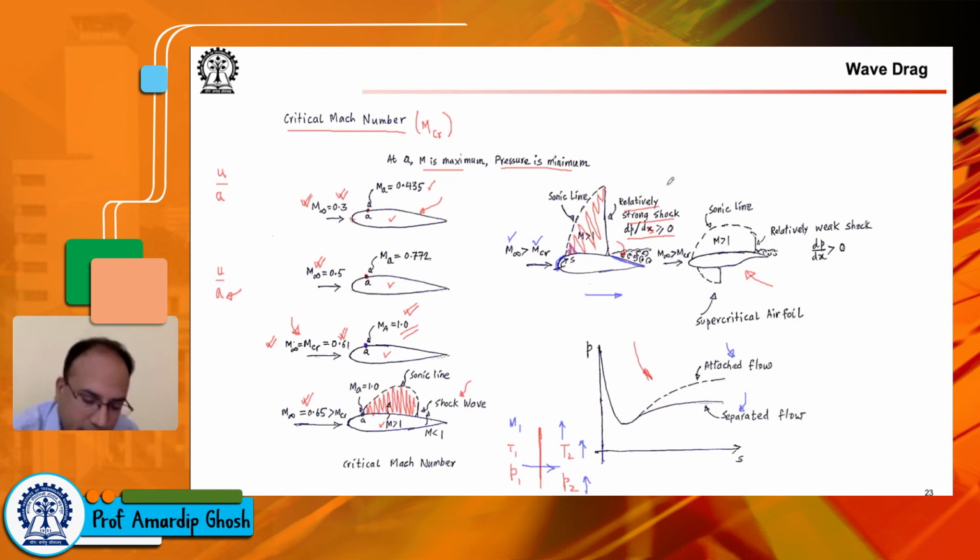But at this point, just keep in mind that if you are trying to calculate Cp at a location, you have to, and suppose you have, okay, let me keep it for the next slide.